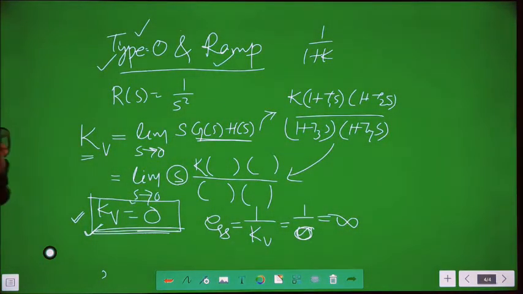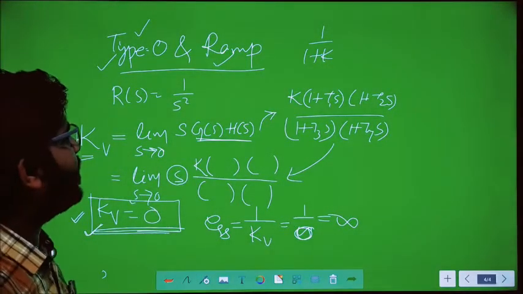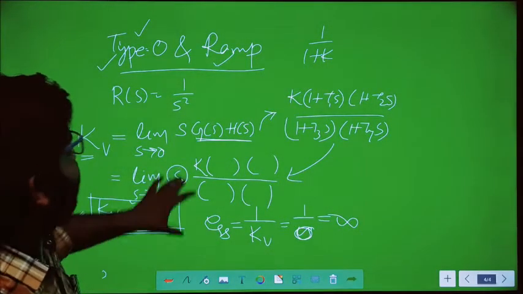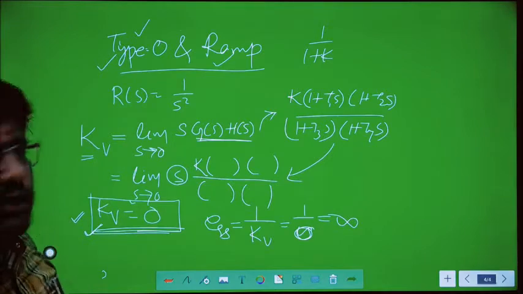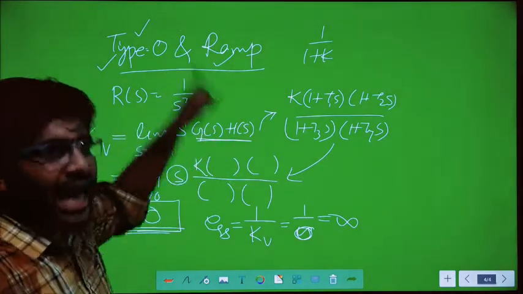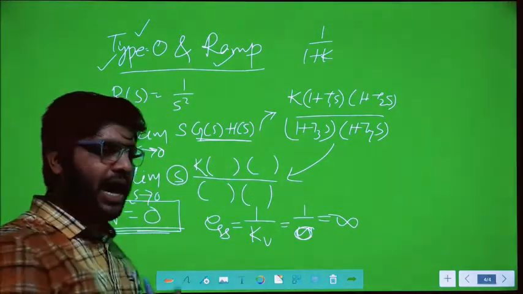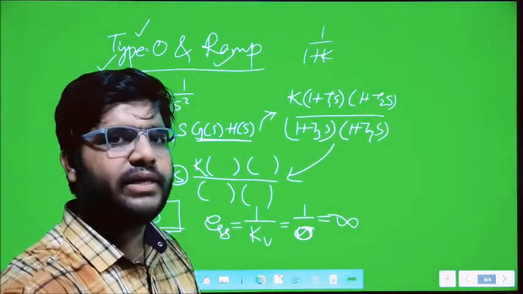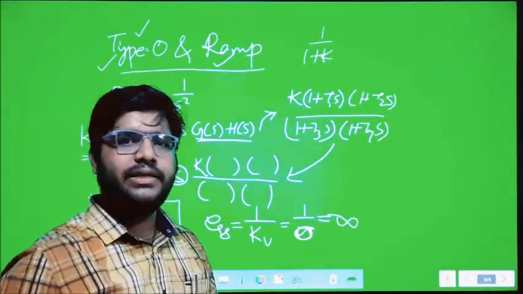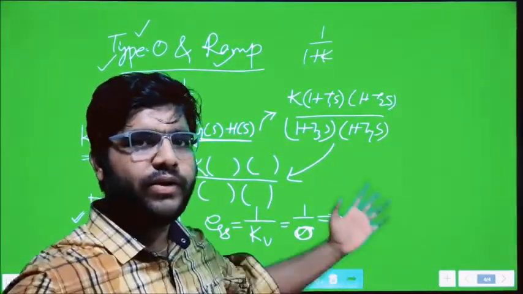Okay, that means from this derivation it was very clear that if my system is a type 0 system and I am giving a ramp input, then I will never reach my steady state value. Instead, my error will go to infinite.